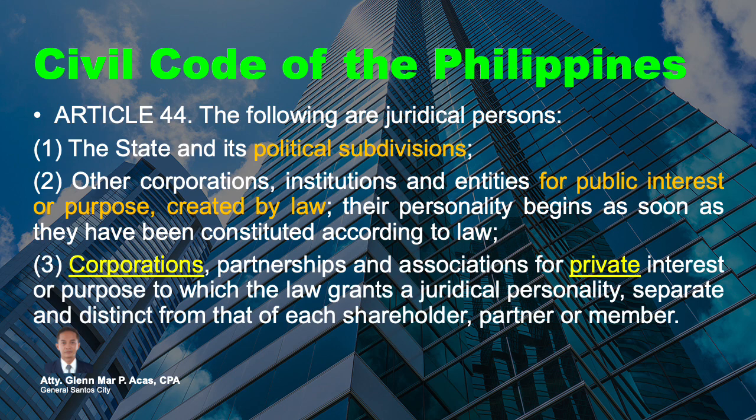Then, of course, number 3 are the private corporations, which the law grants a juridical personality separate and distinct from that of its shareholder, partner, or member. So this Article 44 coincides with the enumeration of the kinds of corporation as to purpose in the previous slide.